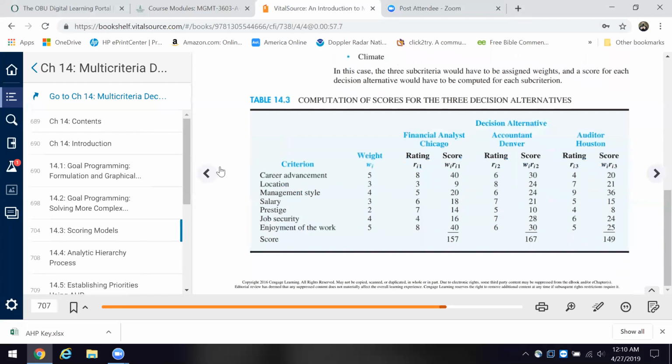And then here in 14.3 is the computation of the scores for the 3 alternatives. Here's the weight, the rating, and the score for each of those criteria. And then we add them up for each city, and there we go.